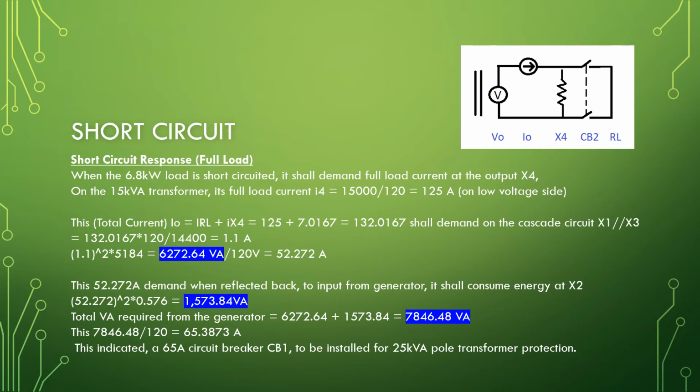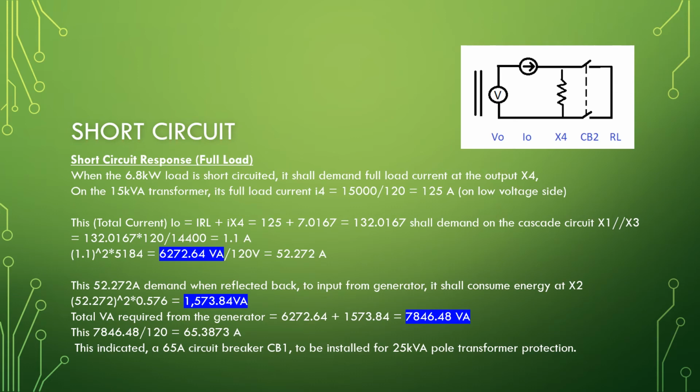1.1 squared times 5,184 equal to 6,272.64 VA divided by 120 volt equal to 52.272 ampere.